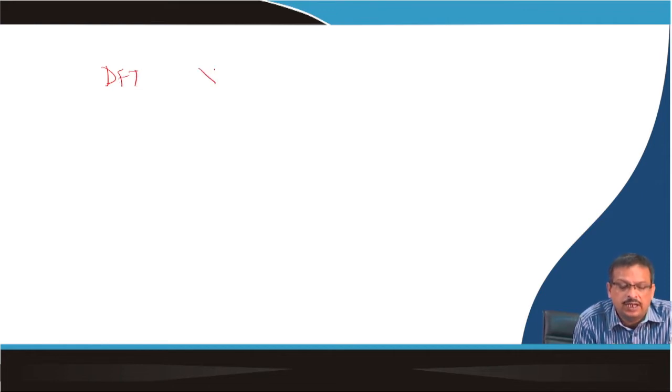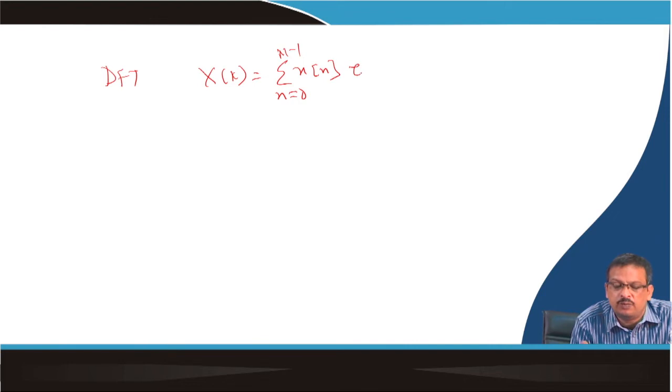You know x of k is equal to the sum from n equal to 0 to N minus 1 of x of n into e to the power minus j 2 pi by N into nk.